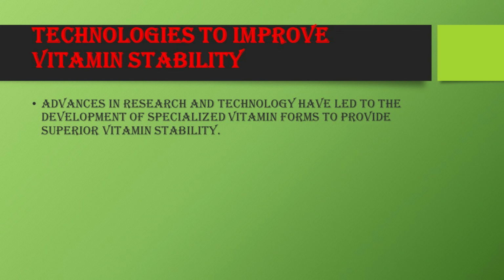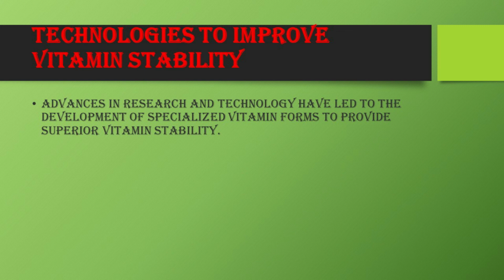Beadlets are produced by coating vitamins in gelatin or starch to prevent contact with factors affecting vitamin stability until it is digested. Beadlets are manufactured as a fine granular product with high stability and also high flowability, low dustiness, and low caking characteristics.